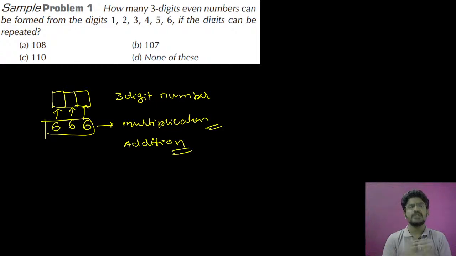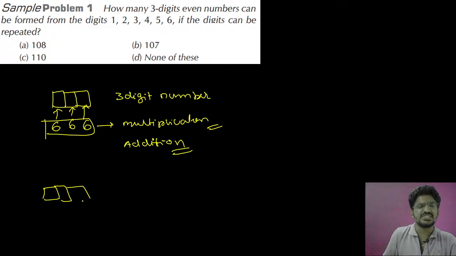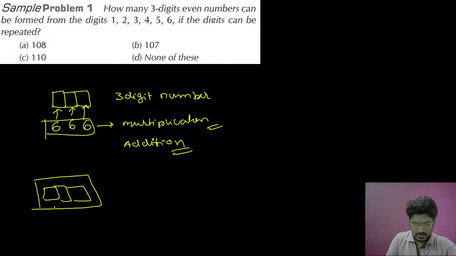This is a 3-digit number. We have to make a 3-digit number. Is it the fundamental principle of multiplication or the fundamental principle of addition? What is my work? I have to make a 3-digit number.